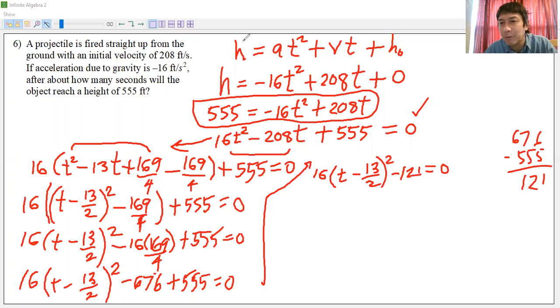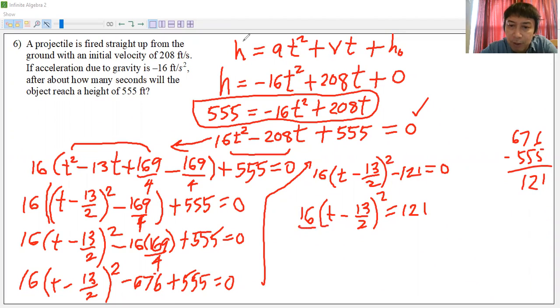Okay, now if we add 121 to both sides, your equation becomes 16 times t minus 13 over 2 squared. If you add 121 to both sides, the right side will have 121 there. Okay, we shall now divide by 16.